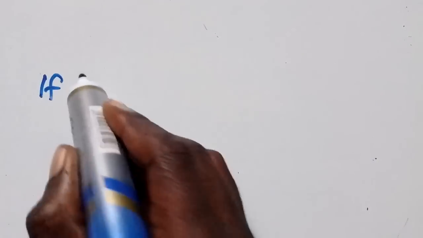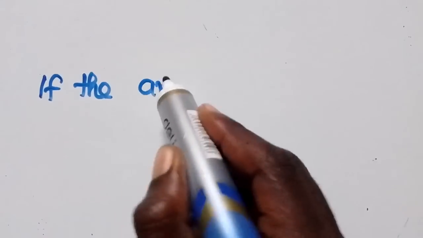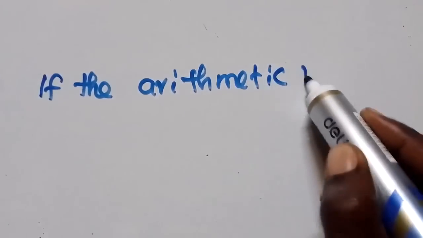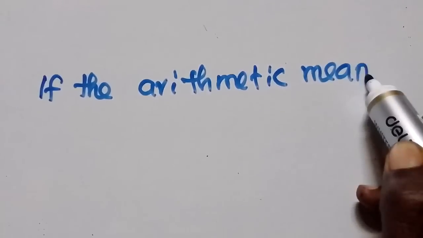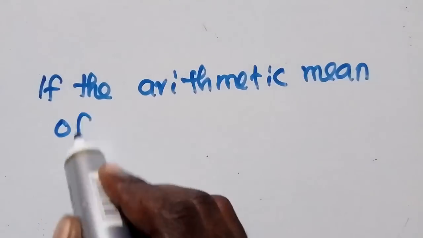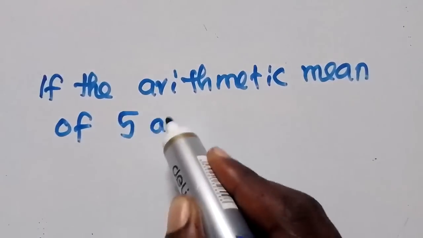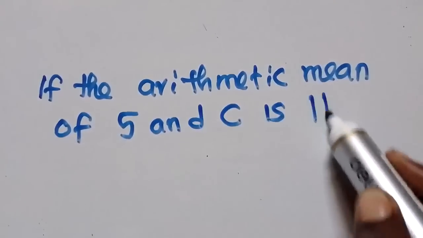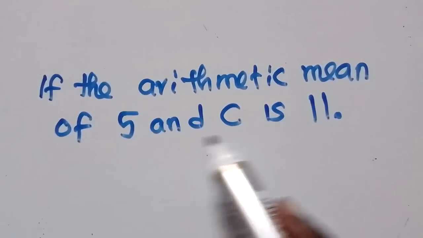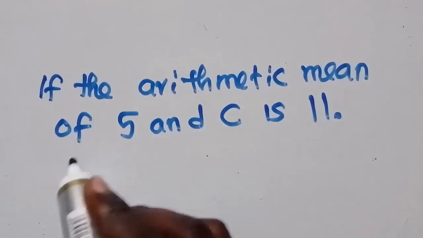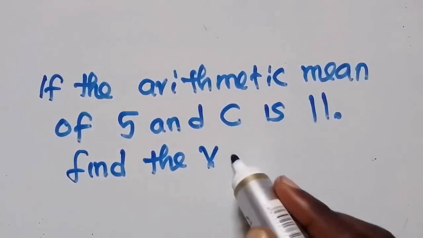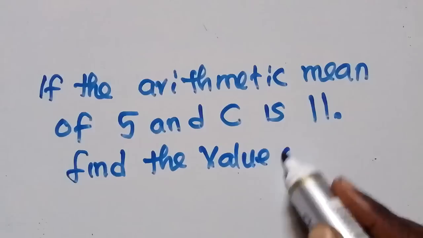It says if the arithmetic mean of 5 and C is 11, then find C. Find the value of C.